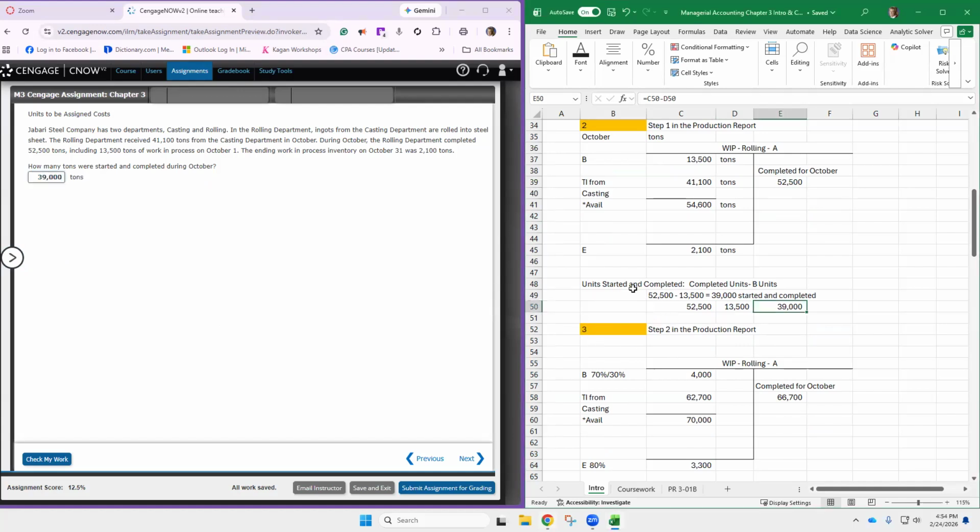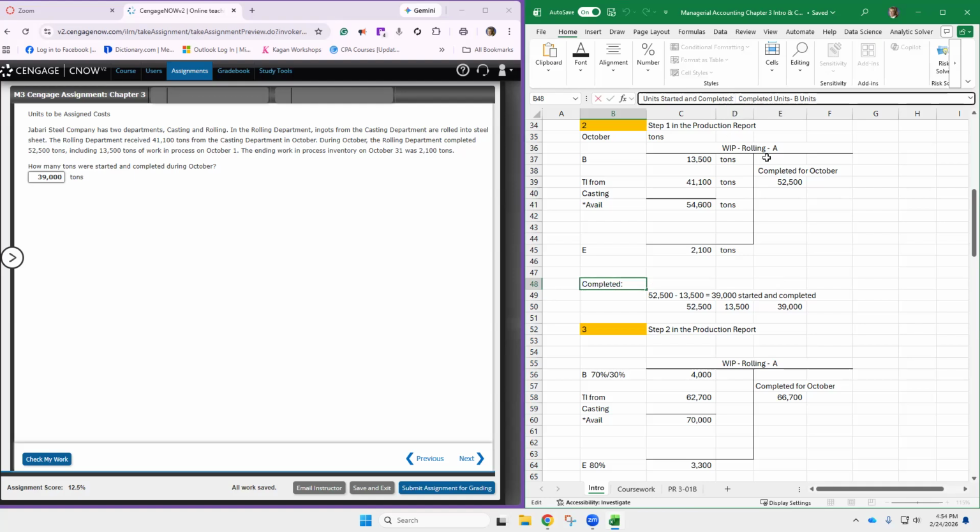And once again, started and completed equals completed units, which we know to be completed, to go out of here they have to be completed, and then we subtract the beginning units. That's 13,500. So once again, here's how we calculated it.